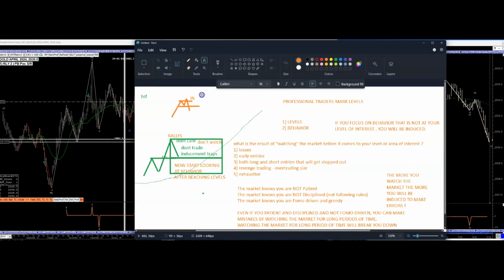In, out, right? The other trap, it goes up here, it goes here, it goes here, it goes here. You might think it's a spring, and then what it does, it goes here, then it goes here.